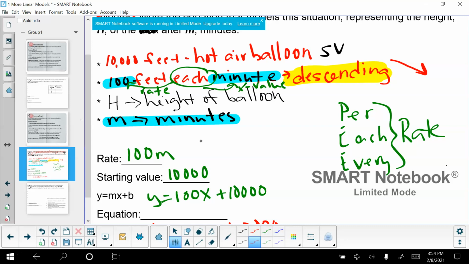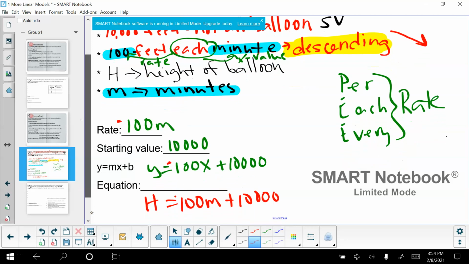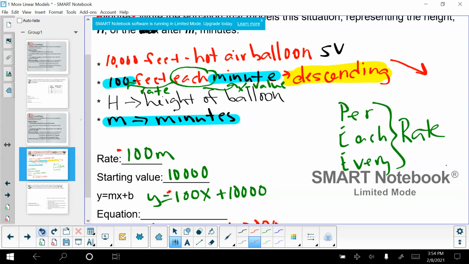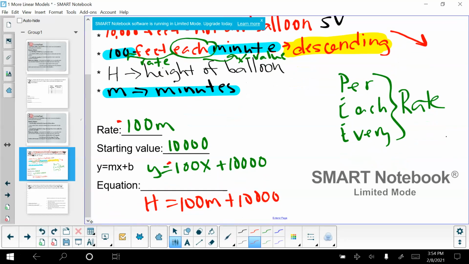So this 100 really should have a negative sign to indicate that it's going down. So I should really have a negative sign here, and I should have a negative sign here as well to indicate that it's actually going down.